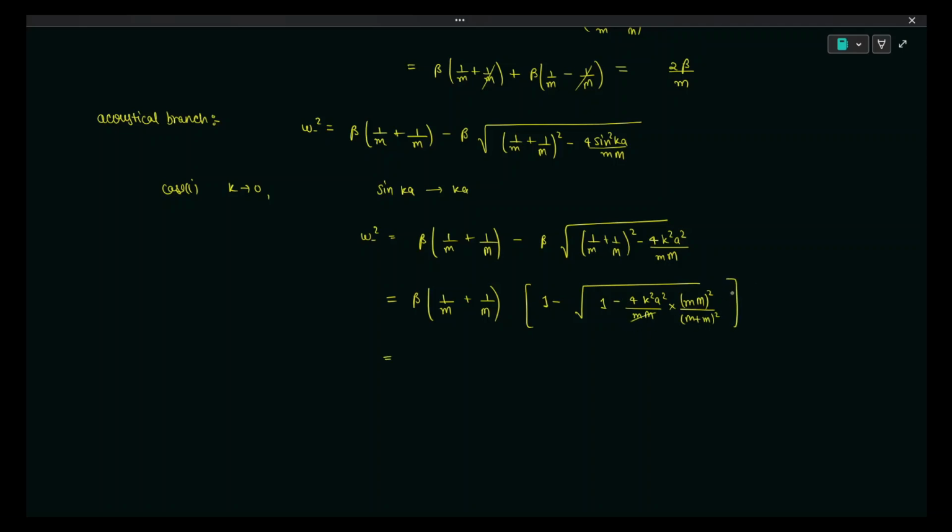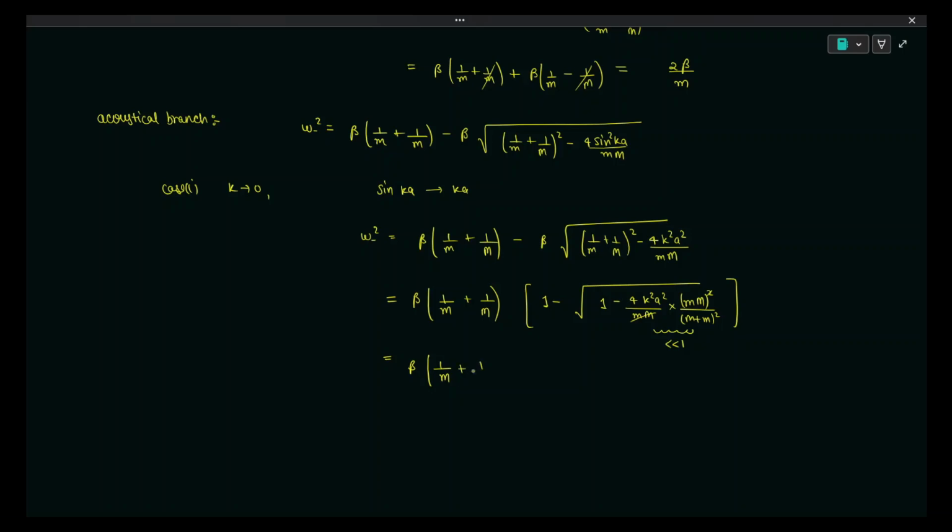So this small m and capital M can cancel out here, and if you notice here, this term is very small than 1. So therefore we can use binomial expansion to simplify this.